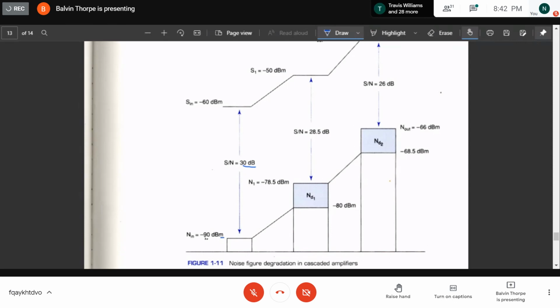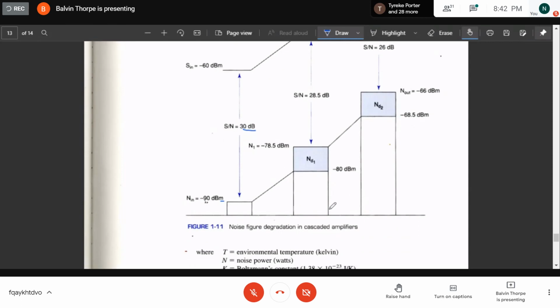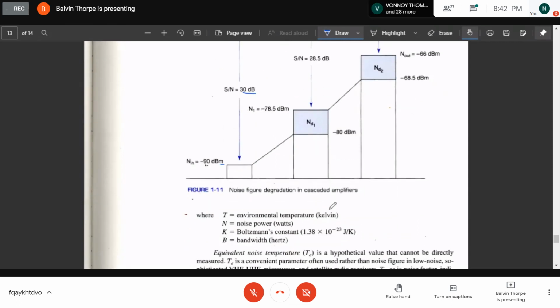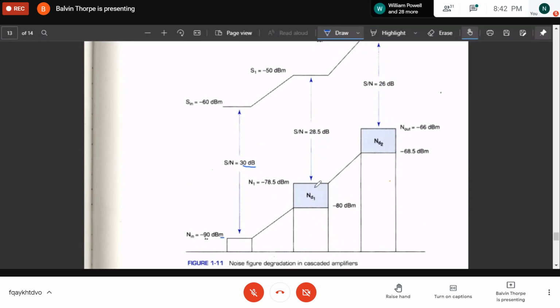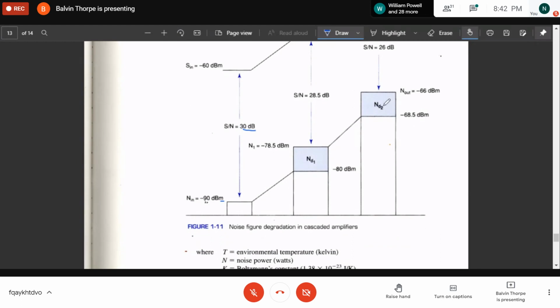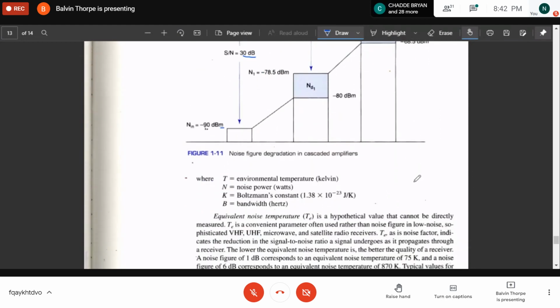Okay. So there's a typical increase based on what we know with our NDs that makes our signal to noise ratio between input and output different.